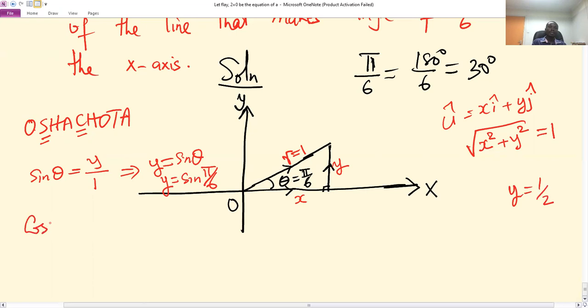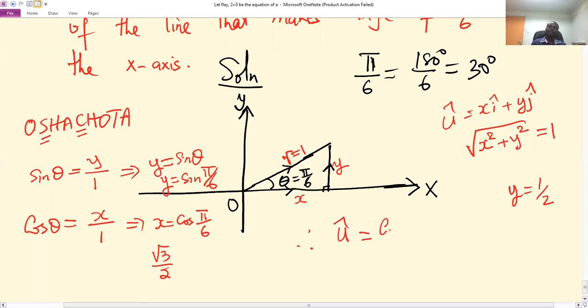And cosine of theta is adjacent over hypotenuse; adjacent is x, hypotenuse is 1, so x equals cosine of pi over 6. Cos of 30 degrees is root 3 over 2.